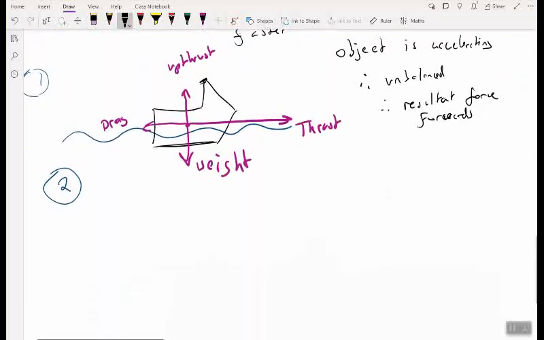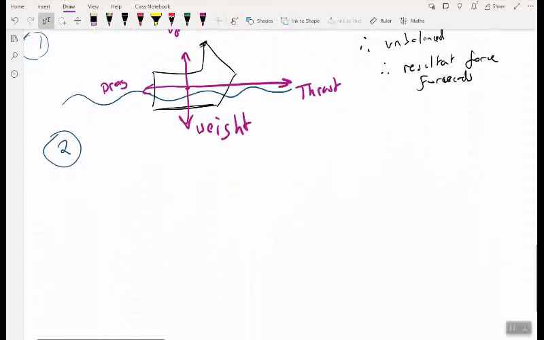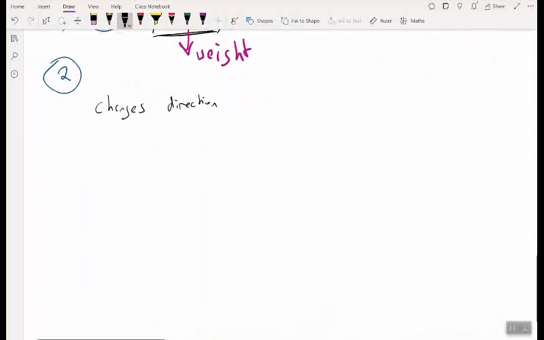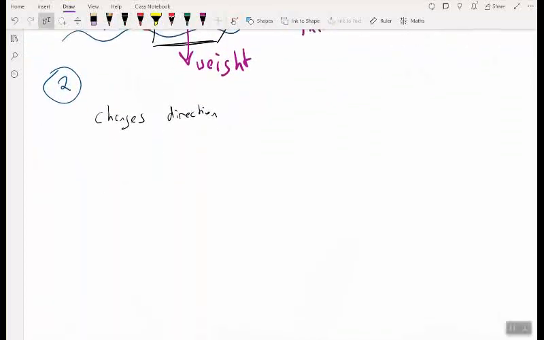Okay, let's use the example of something changing direction. So anytime something changes direction, they'll try and catch you out with, say, a kid on a skateboard, and they'll make sure they talk about how it's going at a constant speed.